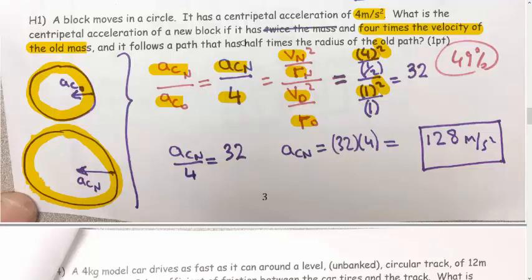And it follows a path that has half the radius. Well, let's say the old value was 1 and the new value is a half. Can you see how by doing it that way it makes it very simple and all the old stuff just becomes 1? So I get 4 squared is 16 over half is 32.